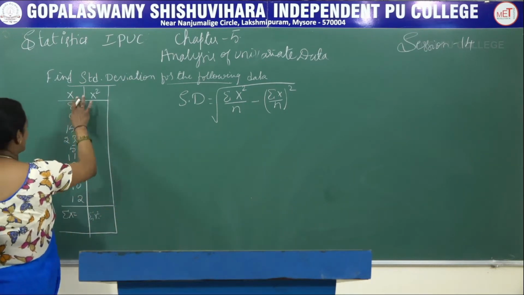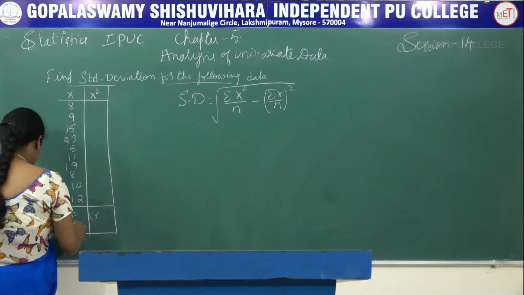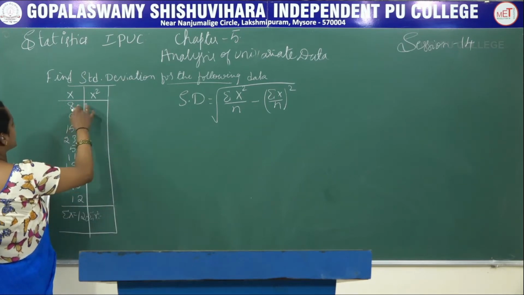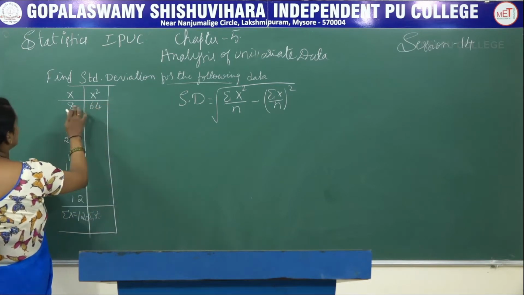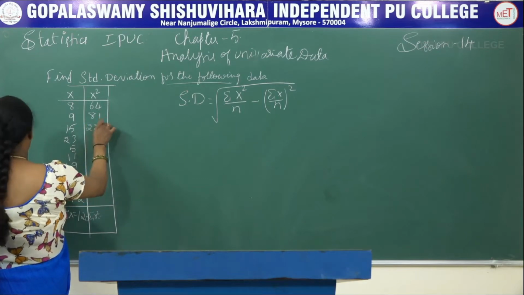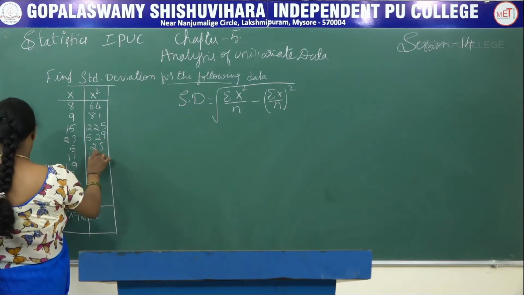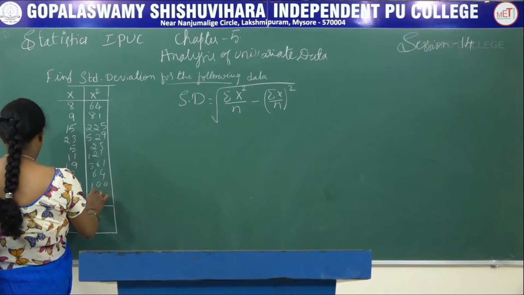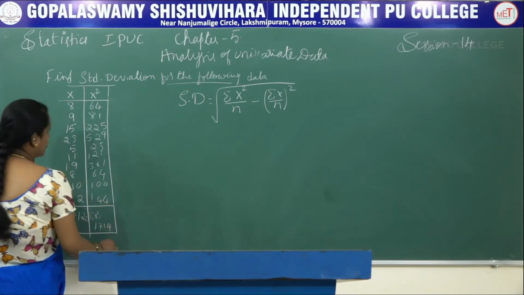First you add the x values, and the total is 120. Then you have to square the x values: 8 square is 64, 9 square is 81, 225, 529, 25, 121, 361, 64, 100, 144, and this total is 1714.